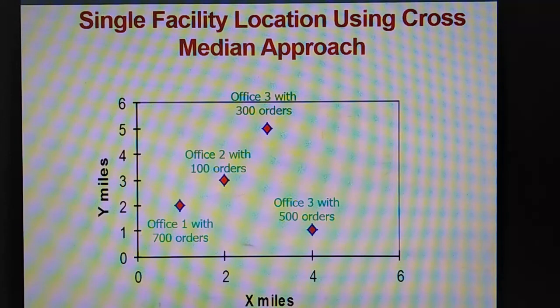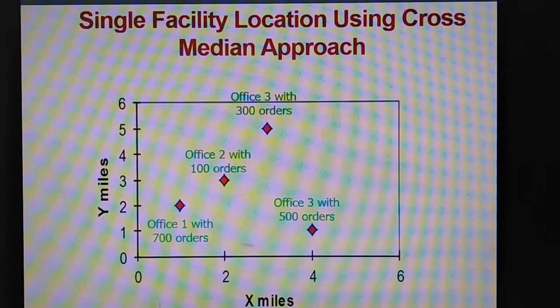In the next segment, I'm discussing single facility location using the cross-median approach, which is discussed in the textbook at page 227, figure 8.6. In this discussion, you are about to locate a photocopying service center to serve your customers in that city.